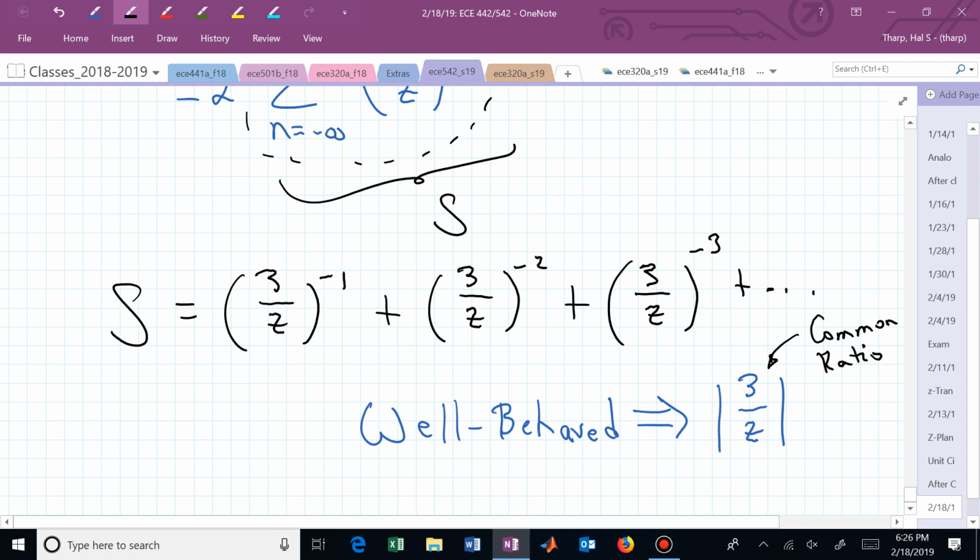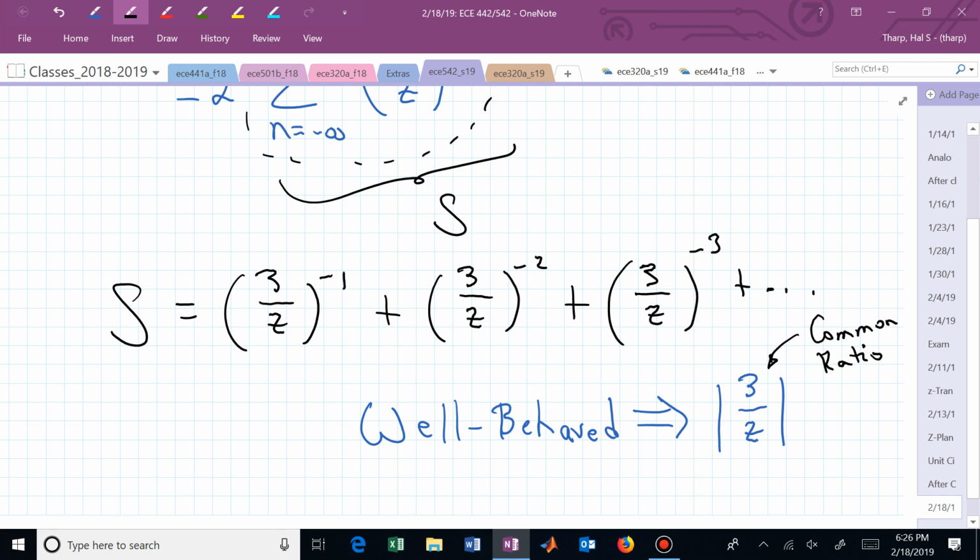And it's downstairs, and we keep raising that downstairs piece to higher and higher powers. 1 over that common ratio, what do we need that ratio to be, size-wise?